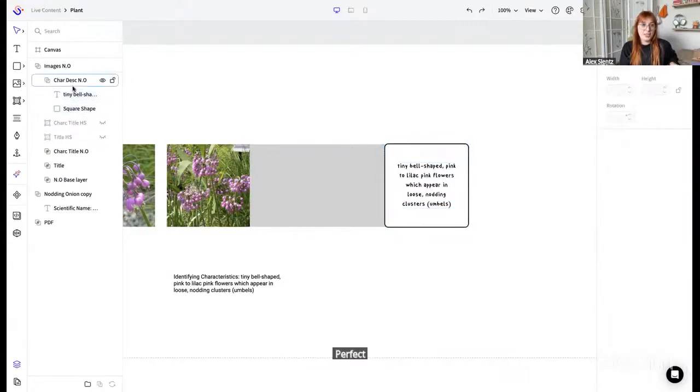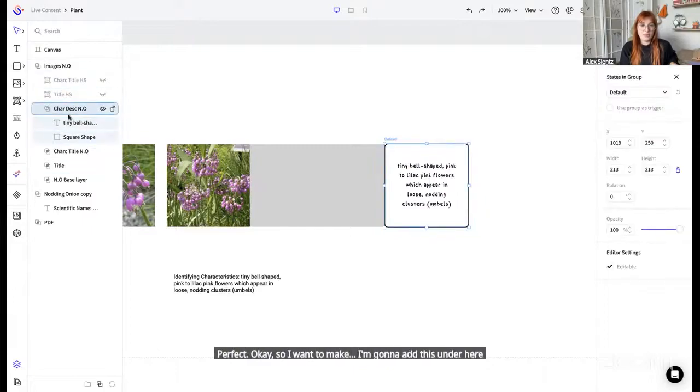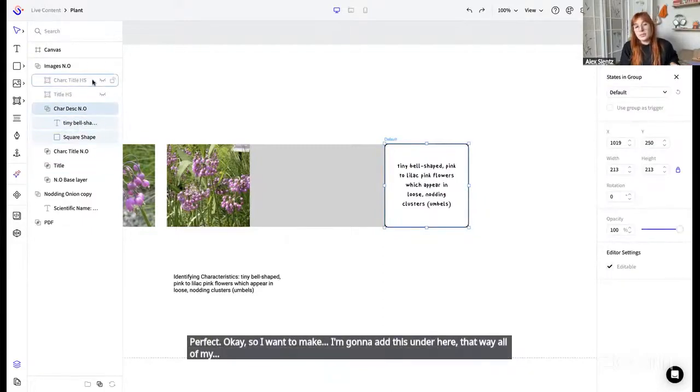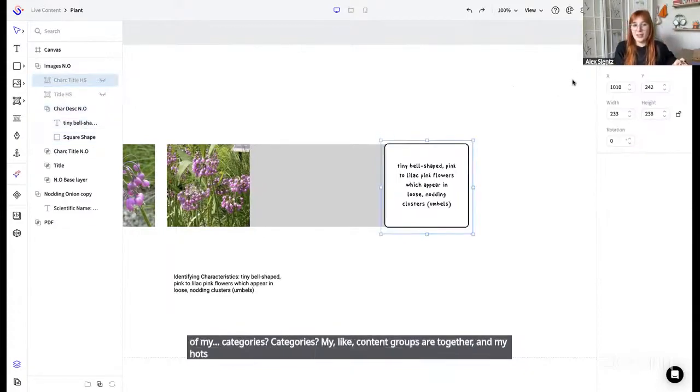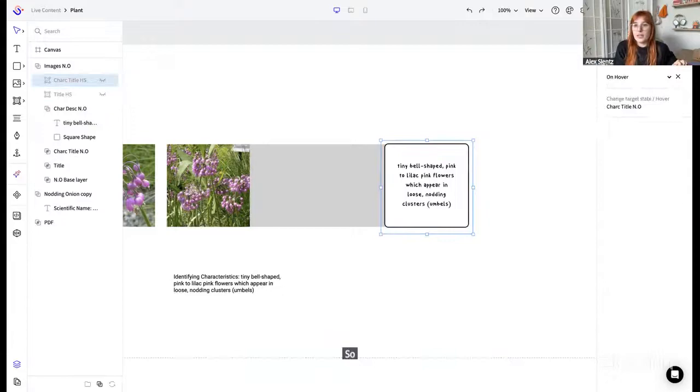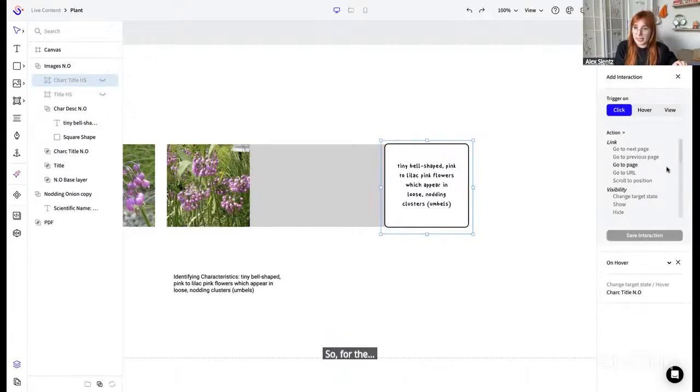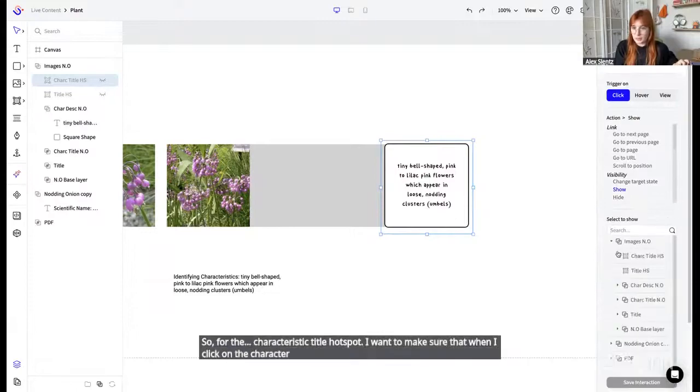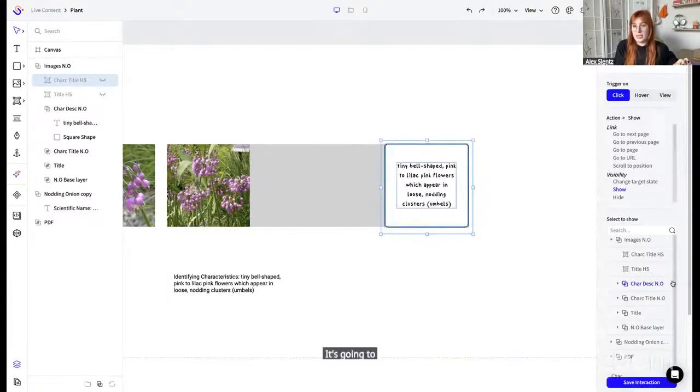Perfect. Okay, so I'm going to add this under here. That way all of my categories, my content groups, are together and my hotspots are together. So for the characteristic title hotspot, I want to make sure that when I click on it, it's going to show the description.